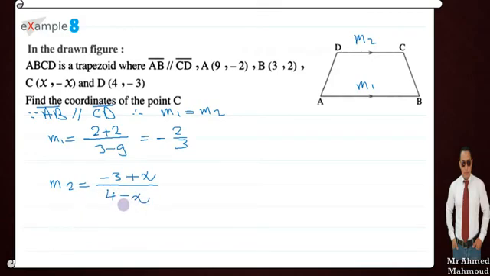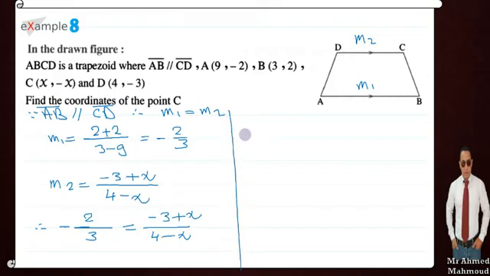Now M1 equals M2, therefore negative 2 over 3 equals negative 3 plus x over 4 minus x. Now I will make a cross multiplication, therefore negative 2 times (4 minus x) equals 3 times (negative 3 plus x).